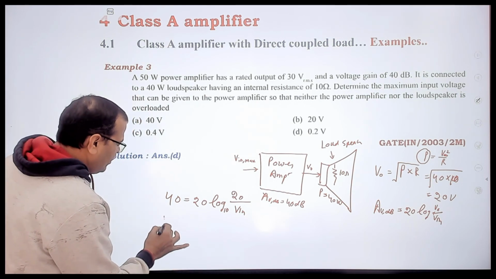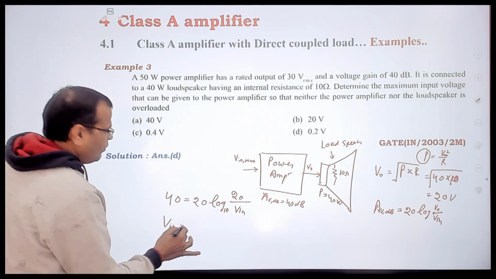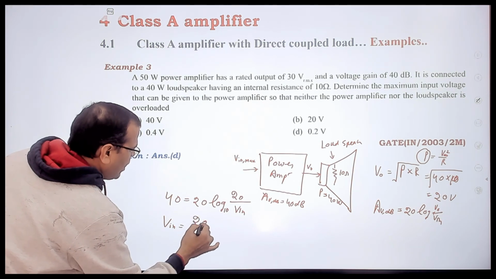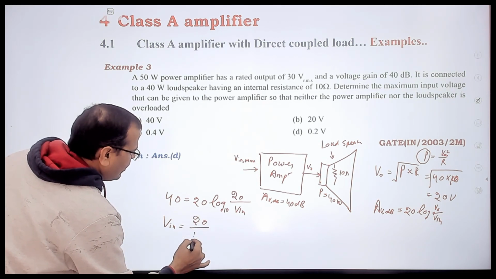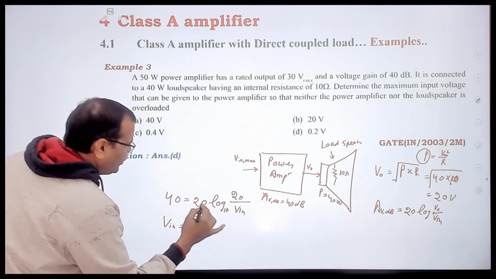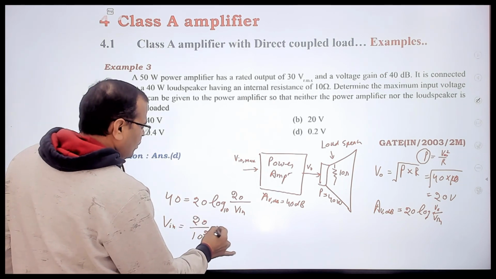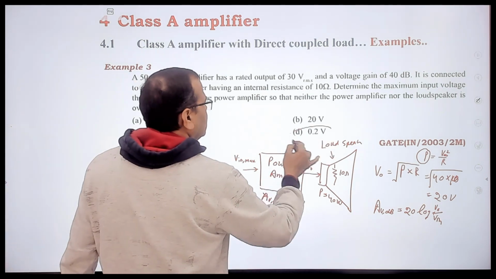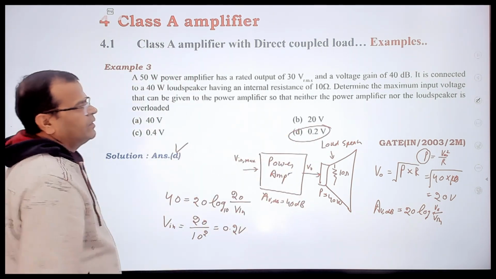So this gives the input voltage equal to how much? 20 by 10 raised to power 2, and this is equal to 0.2 volt, and this is your answer, right?